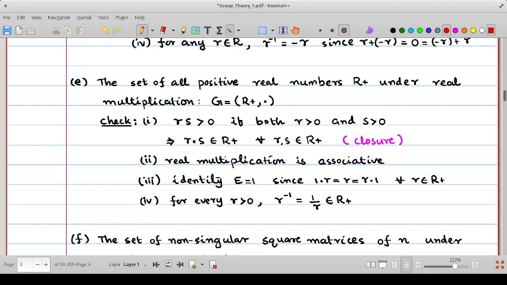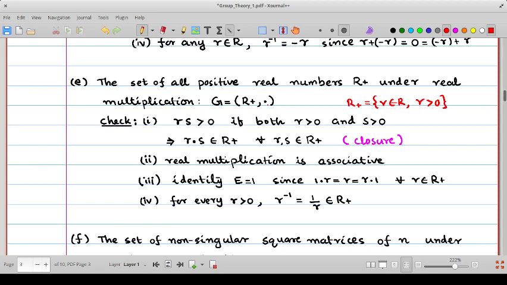And we consider another example. In this case, we consider the set of all positive real numbers, which we denote as R plus, the set of all positive real numbers. So all elements of R plus are greater than 0.